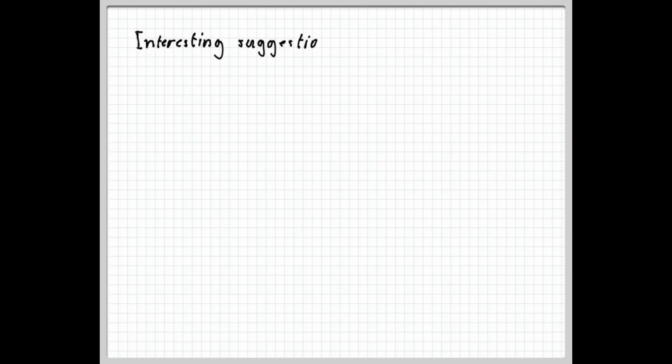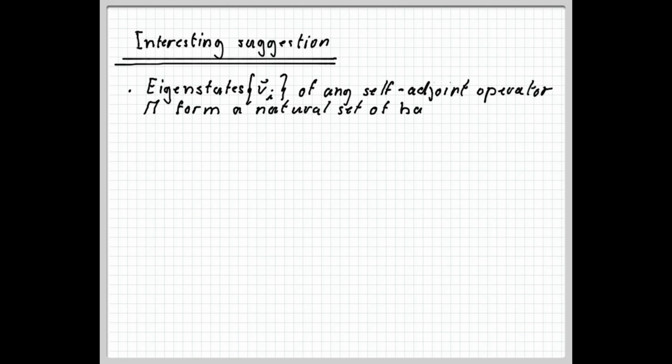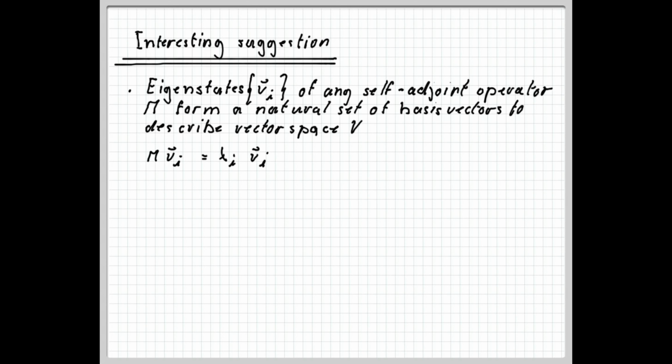Take any self-adjoint operator in vector space V, its eigenvectors would form a natural choice as basis vector representation of this vector space V. Remember, we represented a self-adjoint operator by the letter M and its eigenvectors as v of I, like this.